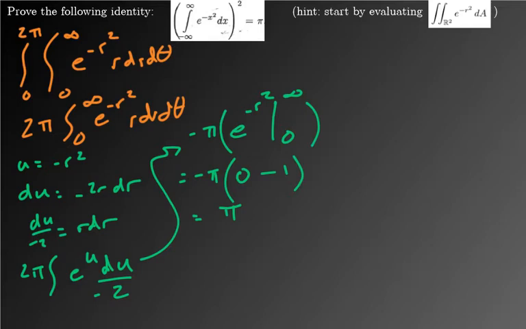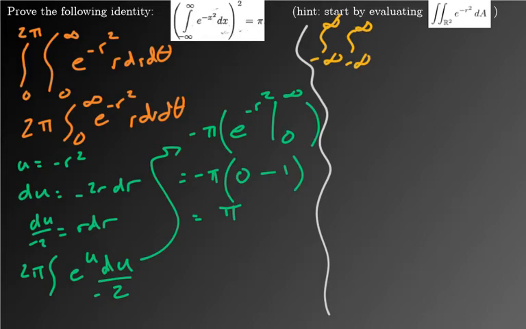So I just showed that if you do this double integral, you get pi. Okay, that means that in terms of rectangular coordinates, if I do negative infinity to infinity, e to the negative x squared minus y squared dy dx, let's say, that thing has to be pi, right?